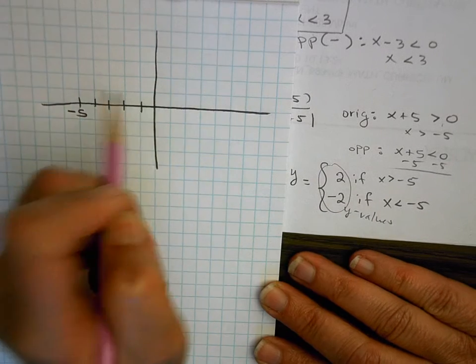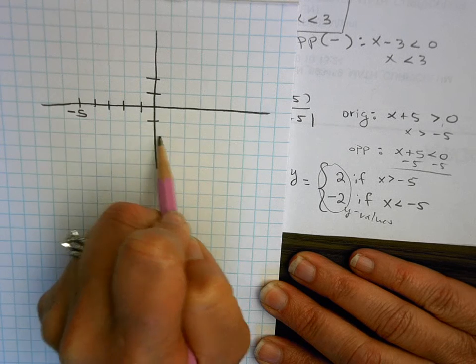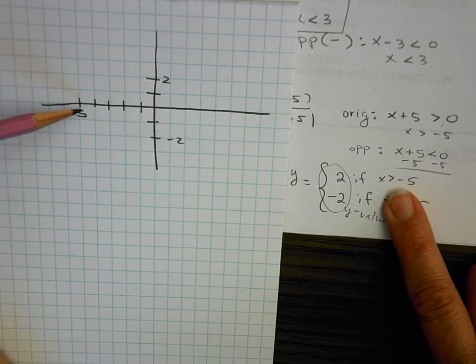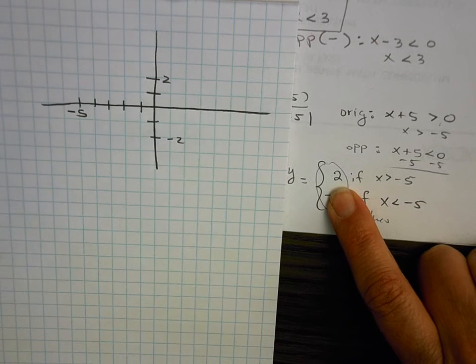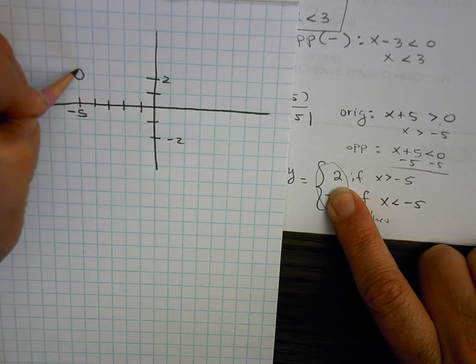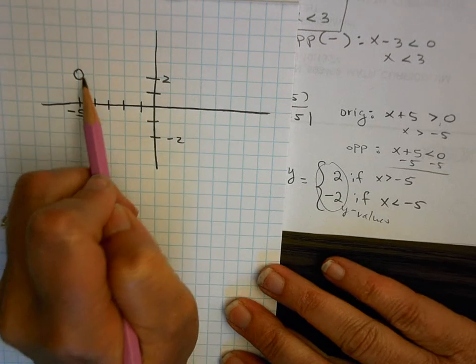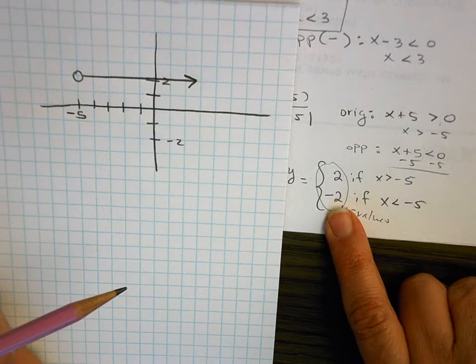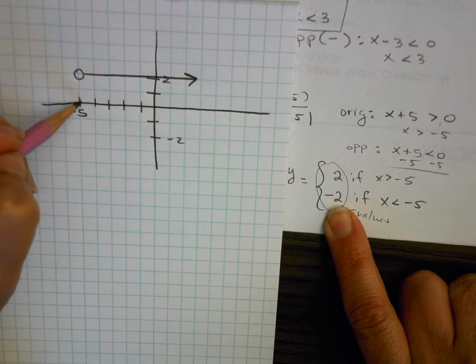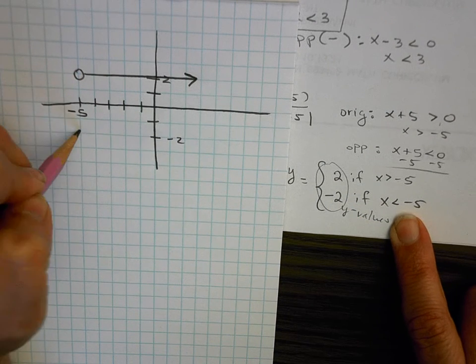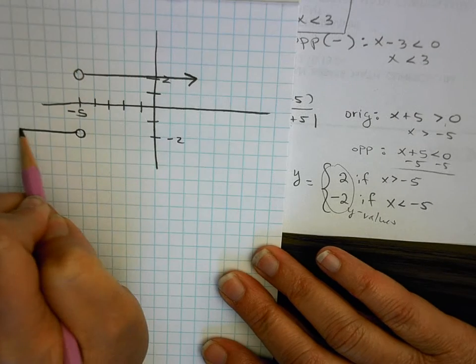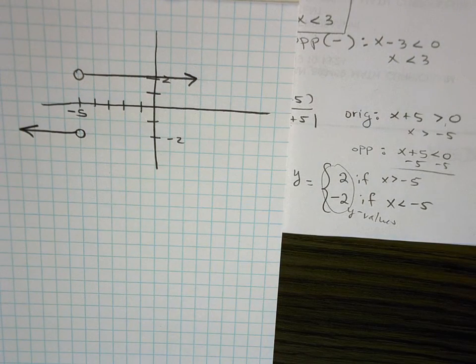So I'm going to go where y is 2 and negative 2. So at negative 5, if I want to be greater than negative 5, so heading to the right, that would be when y is equal to 2. So I'm going to go up to where y is equal to 2, and I'm going to head to the right. And then my y value is negative 2 when x is less than negative 5. So that would be to the left. And there's my graph. Okay, so that's it for this video.